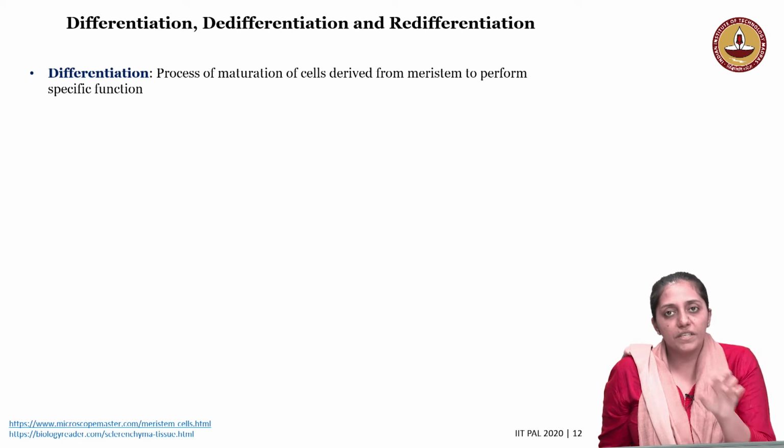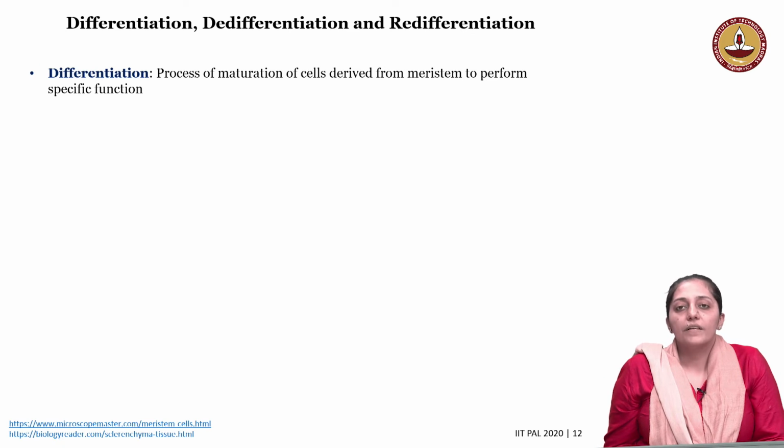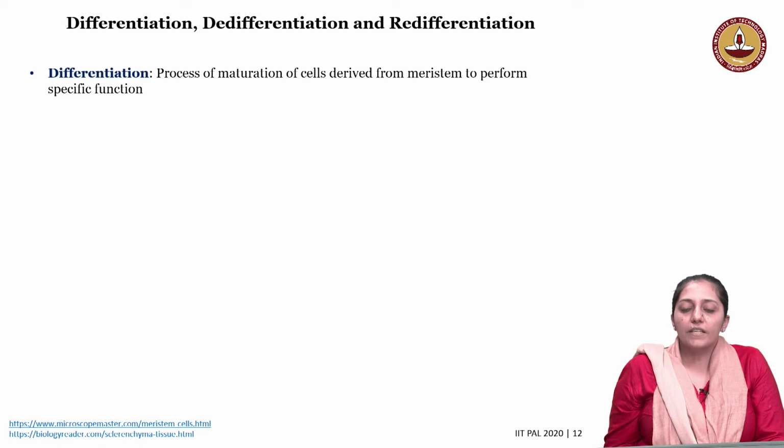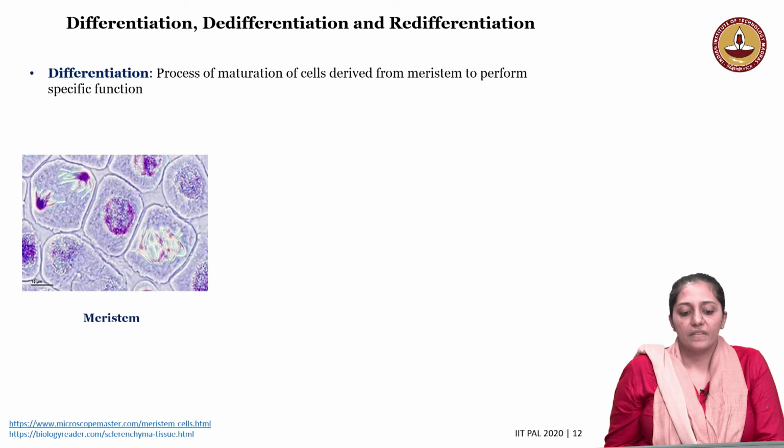Now, let us talk about these three processes. Differentiation is a process of maturation of cells which are derived from meristems to perform a specific function. Meristems, we know, are the regions where the cells continue to divide. So, they are actively dividing cells.